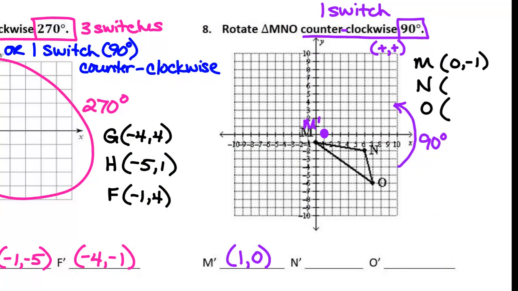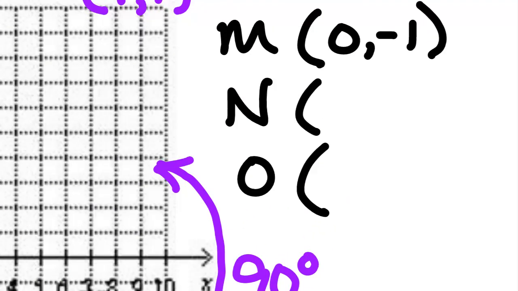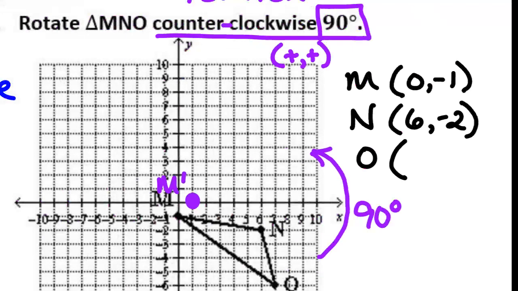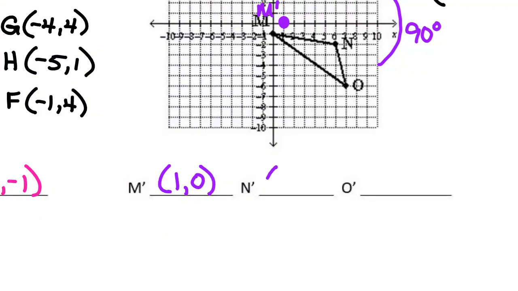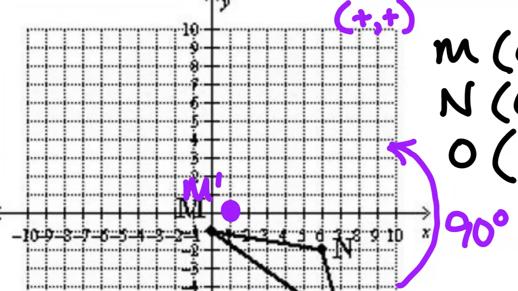Where is N right now? 6, -2. So N prime? 2, 6. Thank you. So 2, 6 would be right here. There's my N prime.